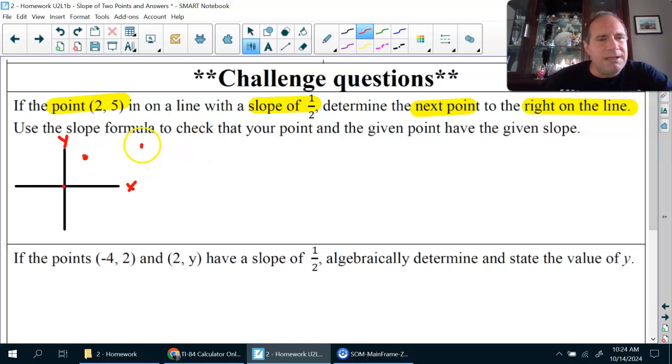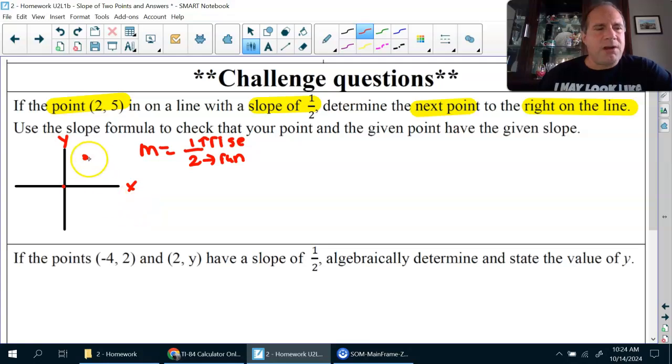But the slope of that is a half. So the rise is 1. So that means it's positive, it's going up, and the run is 2. So if it rises 1, all right, so this is 2, and this is 5.